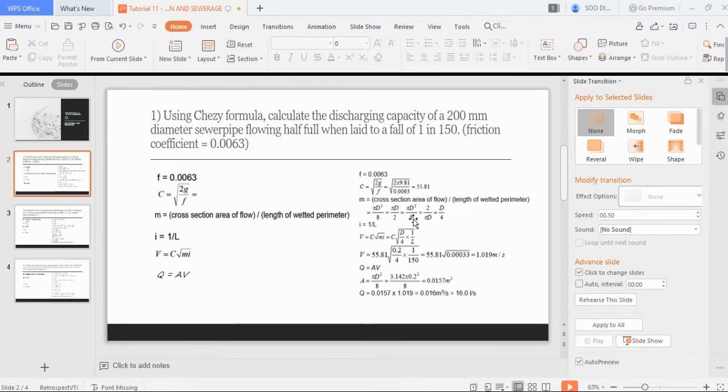This is just to show you how M is obtained, where M equals d over 4, and with that you will be able to solve the velocity of this pipe.